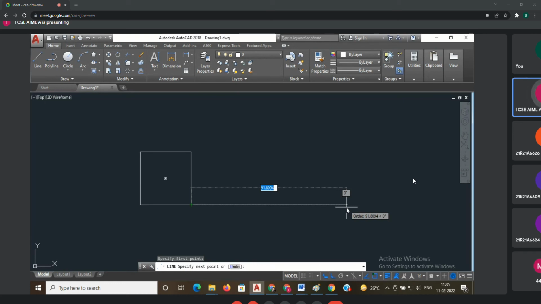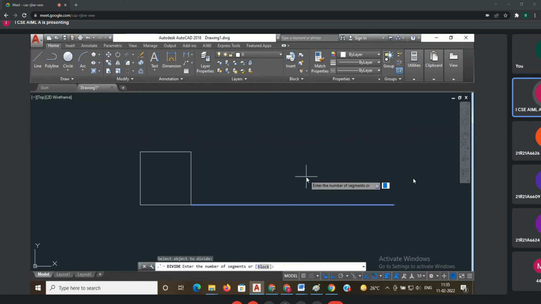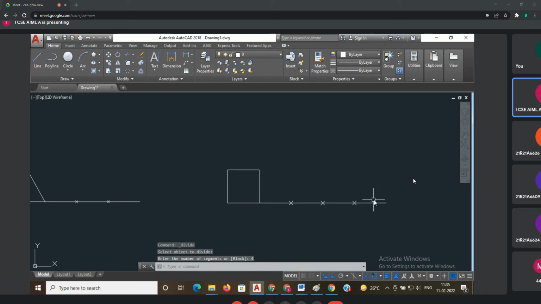That's why I am taking 3 polygons. Why 120? Each side is 30. How many sides do we have? 4. 30 into 4, 120 length. Then this line we have to make into 4 divisions only. Why? Because our polygon has only 4 sides.